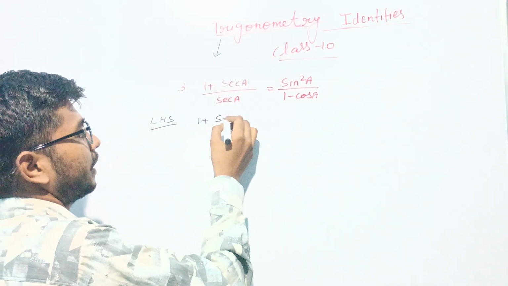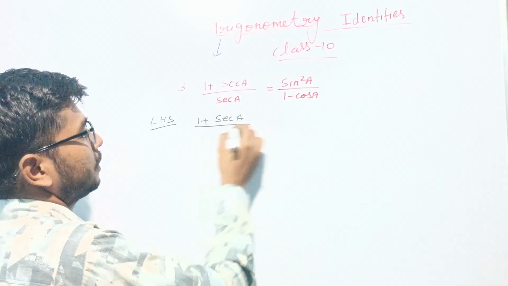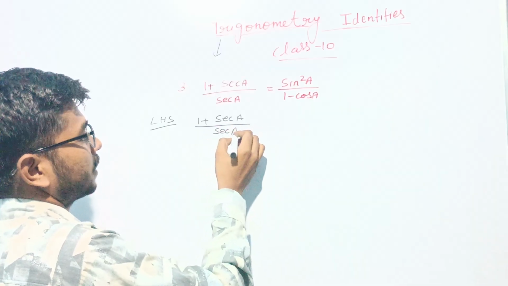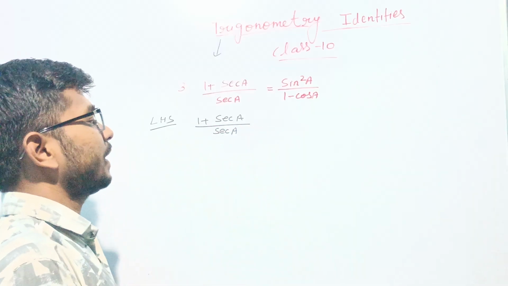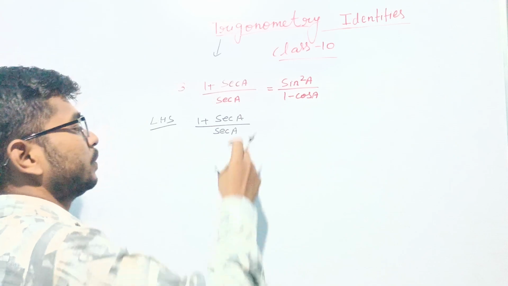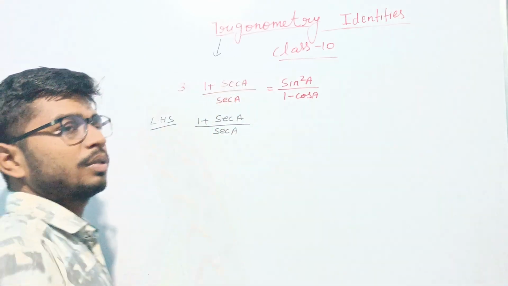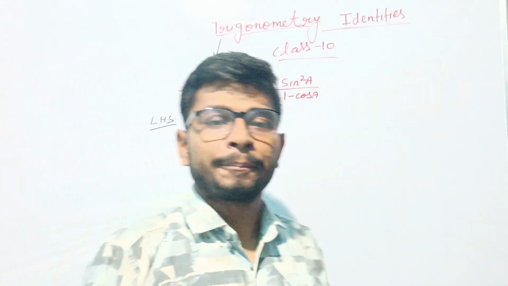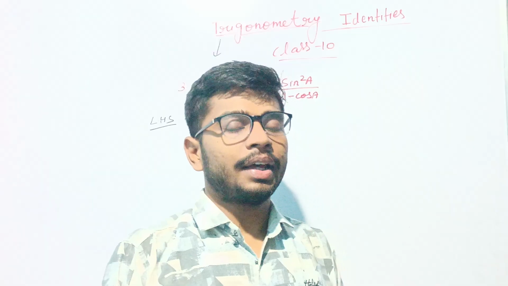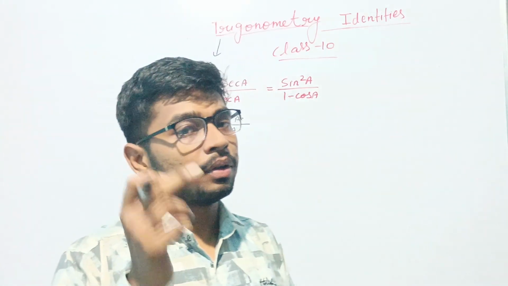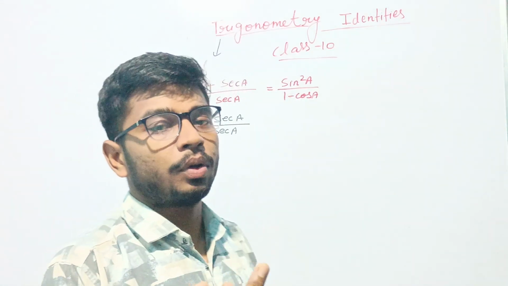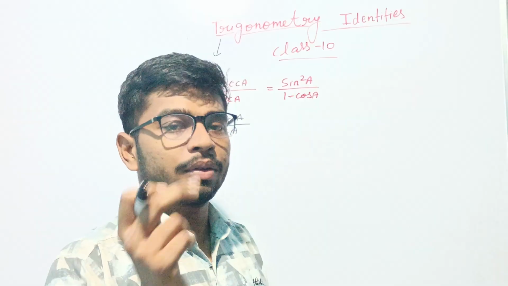1 plus sec a upon sec a. For sec a we can write 1 upon cos a, because the reciprocal of sec will be cos.